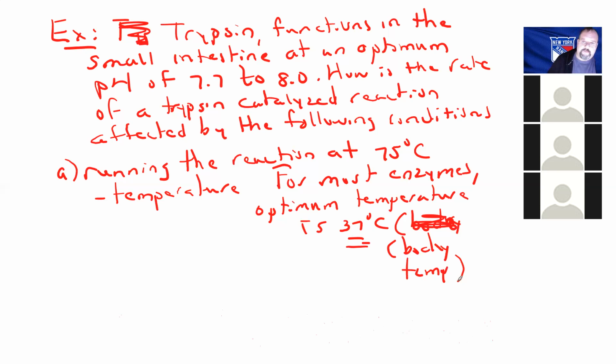So in this case, we can make the assumption, because trypsin is in the small intestine, that the optimum temperature is 37 degrees Celsius. If we jack that up to 75 degrees Celsius, what essentially is going to happen to the reaction rate?